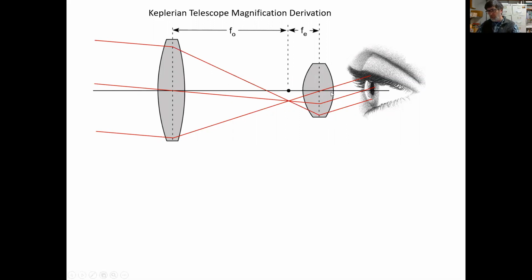And now, looking at it from this direction, these rays seem to be coming from a place that's much further off to the side, off the other direction, so it's upside down, but magnified because that angle is larger. Can we work out what the magnification is?